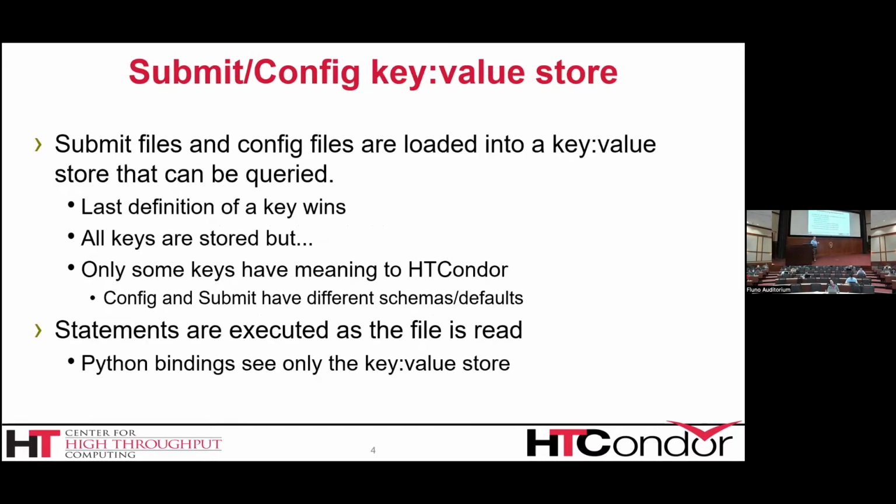When we're populating the key value store, key value assignments are just read and used to store into the hash table, but we don't do anything else with this hash table. Statements are executed as they are read. Because we're just loading key value pairs into this hash table, the last definition of a key is going to win. That's just the way it works.